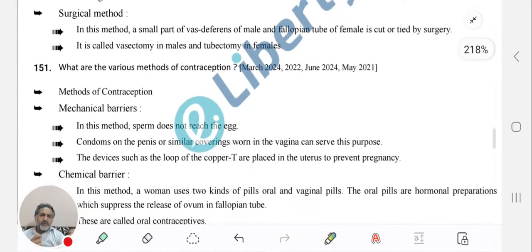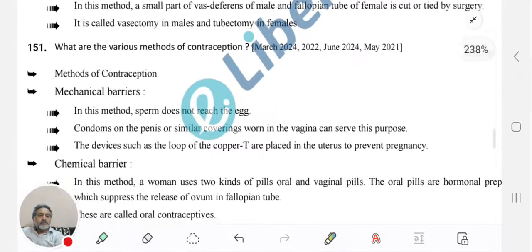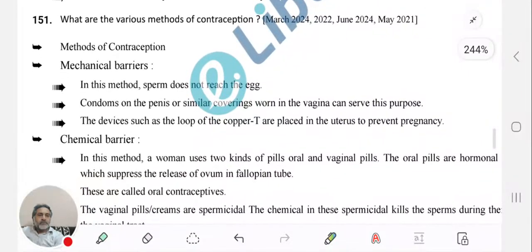Question number 151. What are the methods of contraceptive? March 24, 22, June 24, May 21. Methods of contraception. Mechanical barriers.